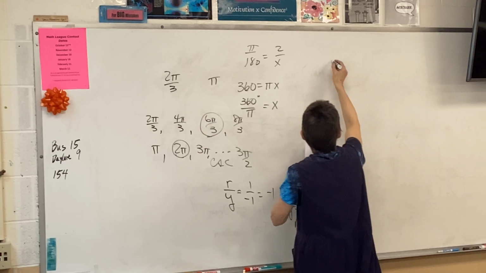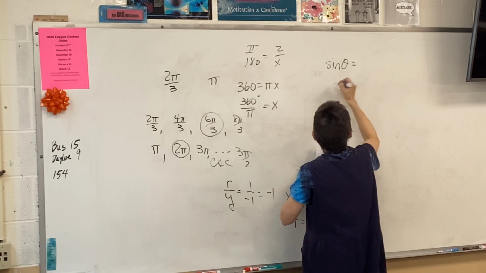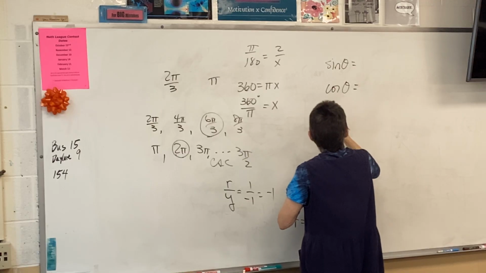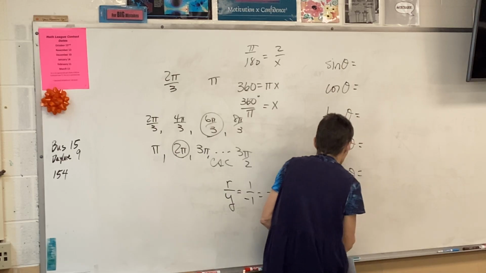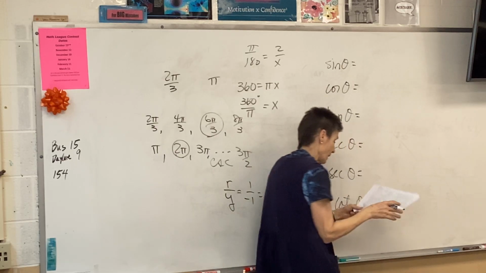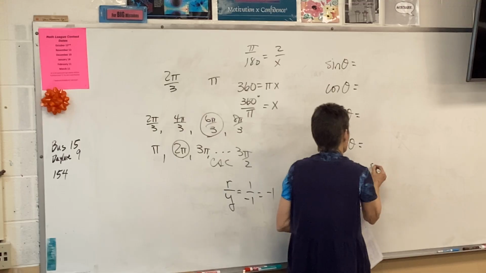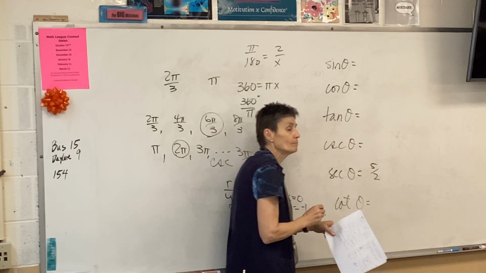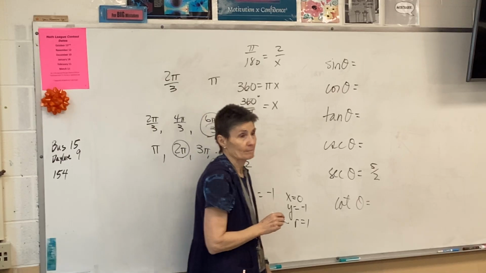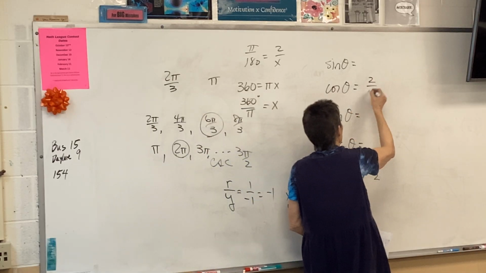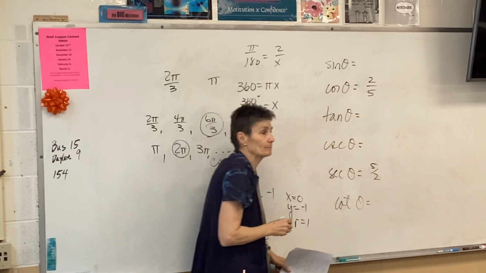We've got sine, cosine, tangent, cosecant. We have to fill in all these blanks, but they tell me the secant is 5/2. What does that automatically mean? Cosine's 2/5.